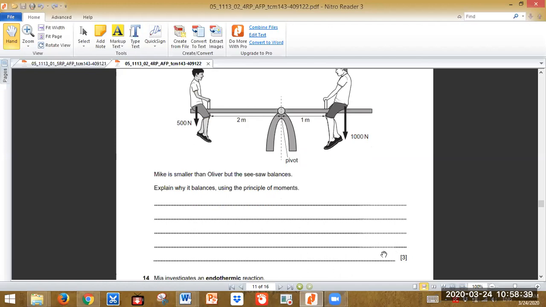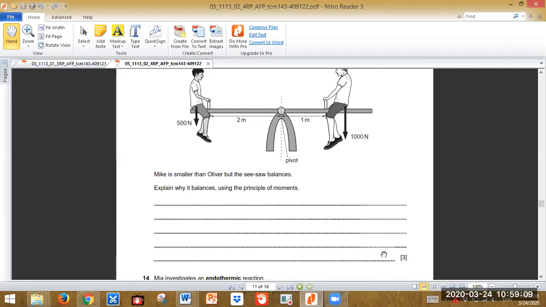So first, you have to write that Mike's moment and Oliver's moment are equal, related to the principle of moments: the anti-clockwise moment equals the clockwise moment. So first, you will write that Mike's moment is equal to Oliver's moment. Okay?